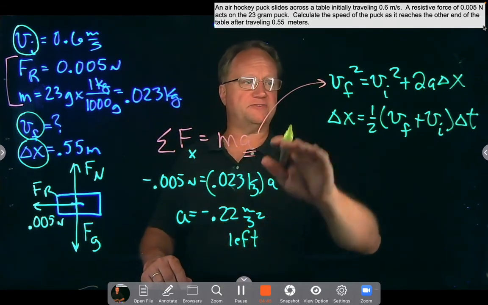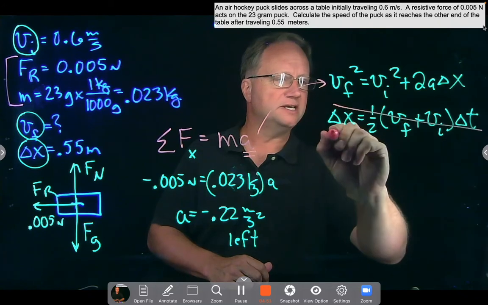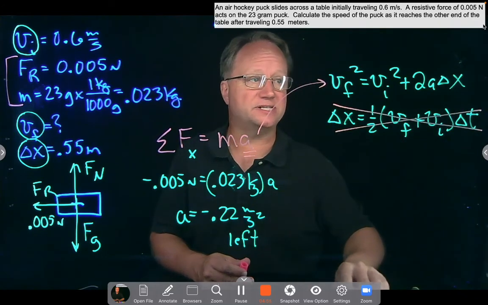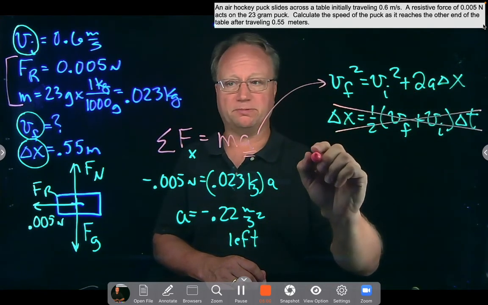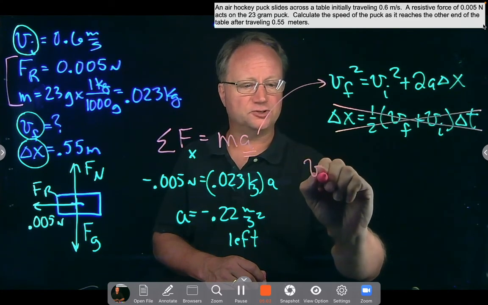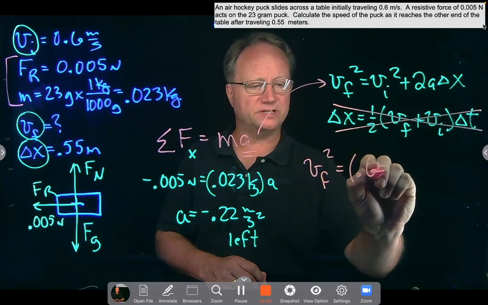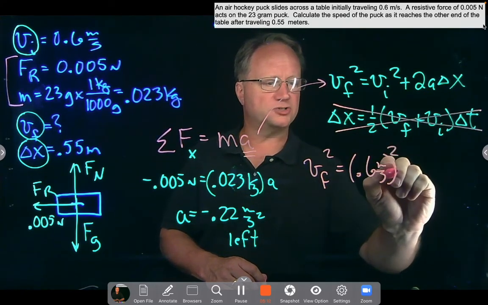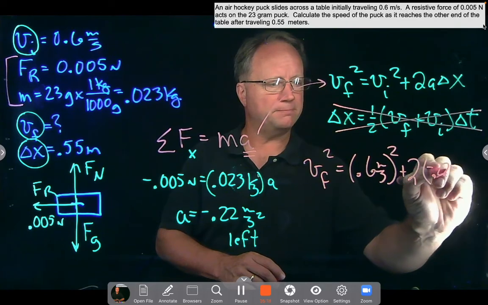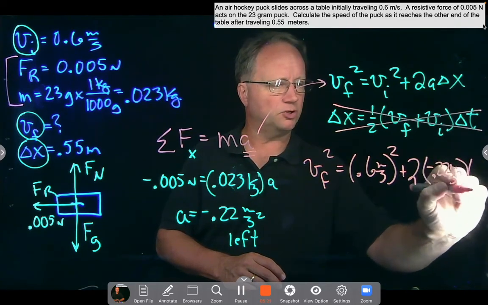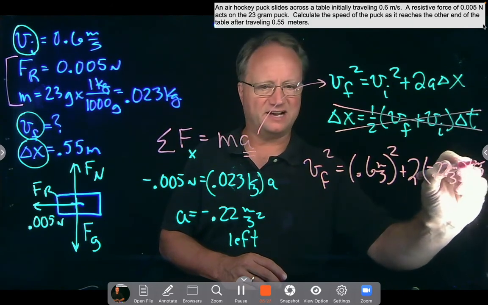Now we've got an acceleration value to plug into our motion equation. Even though I wrote out this one initially, we're not going to end up using that one because we don't have the time, we have the acceleration. So we're going to use this top equation. When we plug in to find VF, VF squared is equal to VI, that was given to be 0.6 meters per second, and that quantity is squared, plus 2 times the negative 0.22 meters per second squared, and then multiplied by the delta x, which was 0.55 meters.